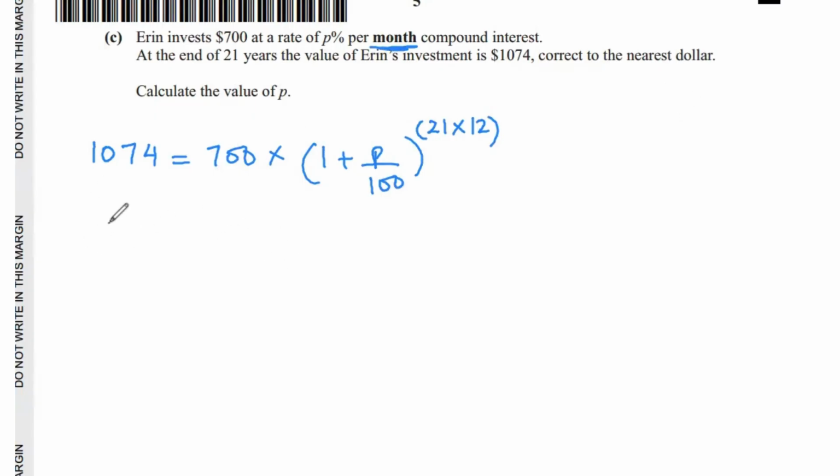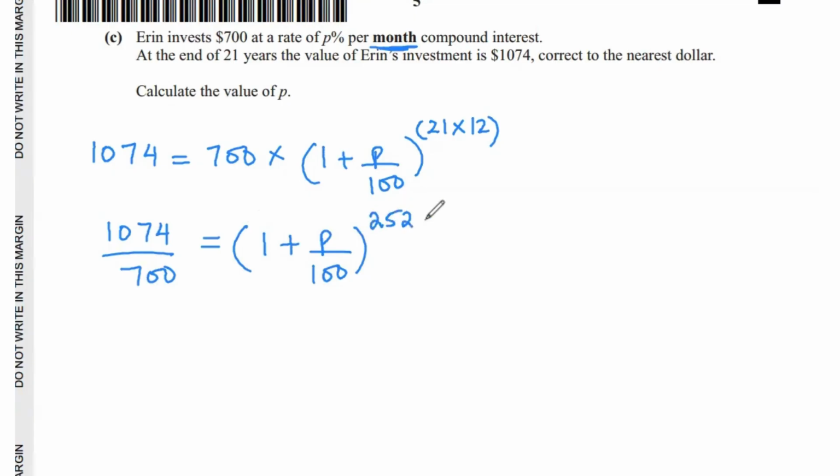So now 1074 divided by 700 equals 1 plus P over 100 to the power of 252.